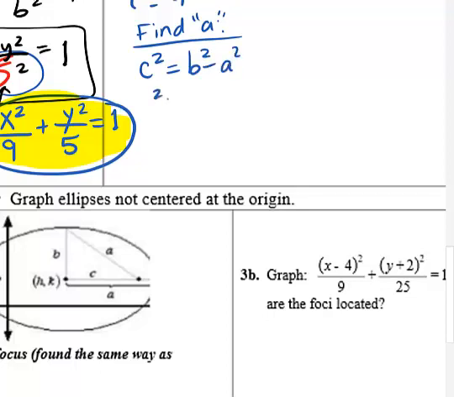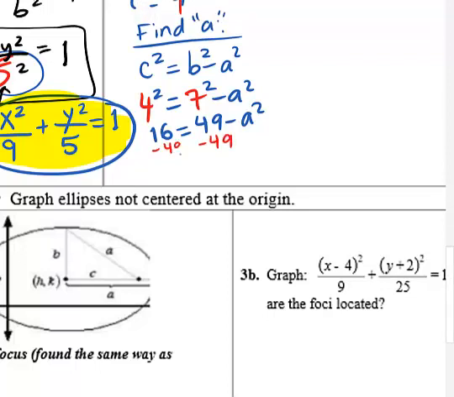We know c and we know b, we don't know a. c was 4, and b was 7. So that's 16 equals 49 minus a squared. Let me move that 49 over here. That's negative 33? Is that right?